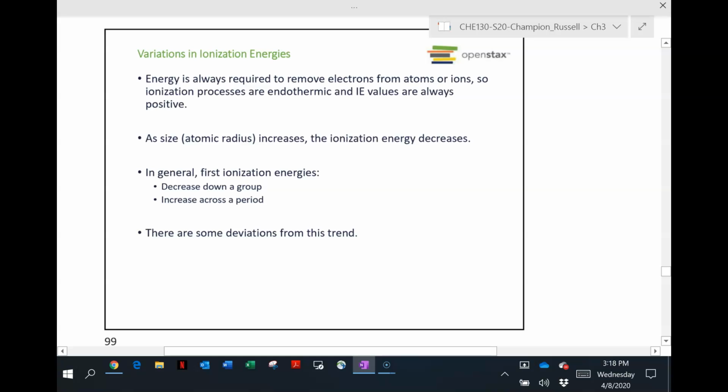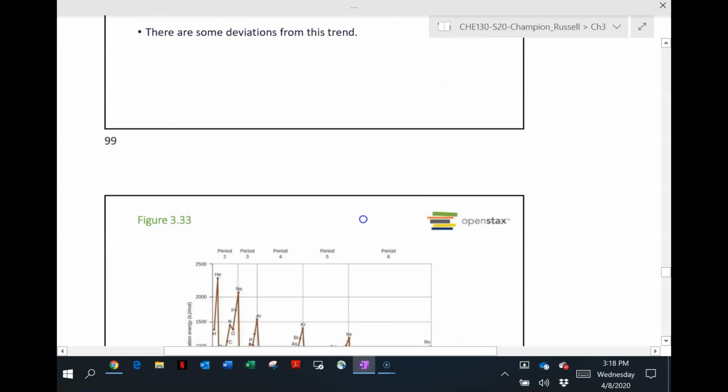So if we think about our atomic radius, AR, if atomic radius increases, then the ionization energy decreases, because the further that outermost electron is, which is what determines the atomic radius, the easier it's going to be to take away. There are some deviations from it. Again, this is a general trend.